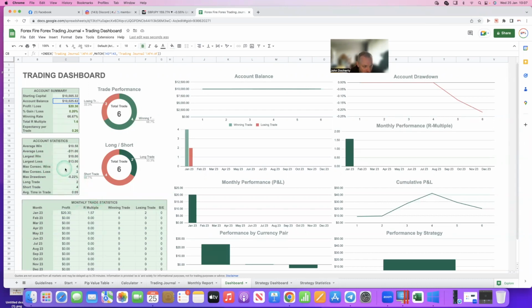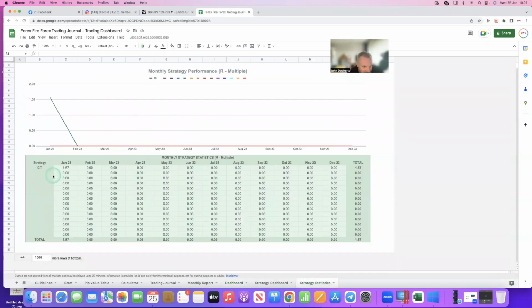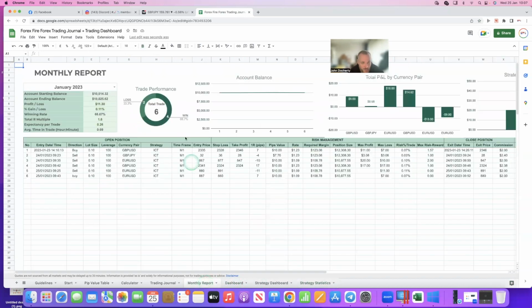Again, most consecutive wins, 4, most consecutive losses, there's 2, which we took today. Again, short trades, long trades, time in trade. We go to the strategy statistics, stays the same. It's 1.57. Monthly report is where we're at, okay? So now we've got $10,025.62.